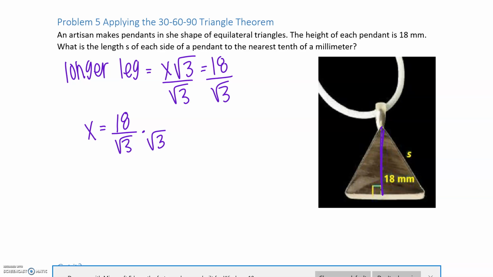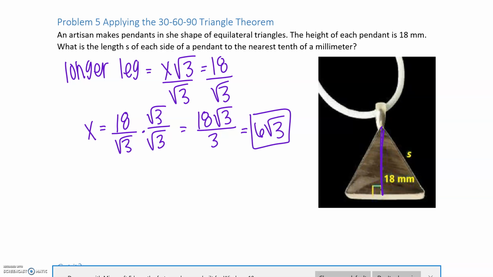We're going to multiply both the top and bottom by the square root of 3, which leaves us with 18 square root of 3 over 3. And 18 divided by 3 is just 6. So we have 6 square roots of 3.